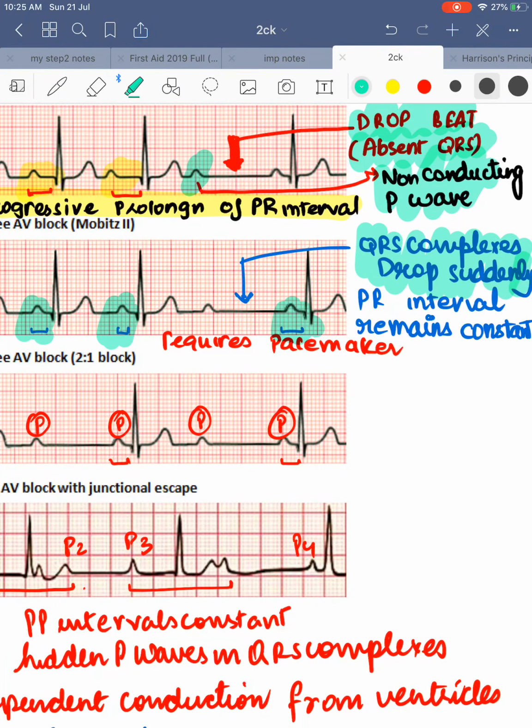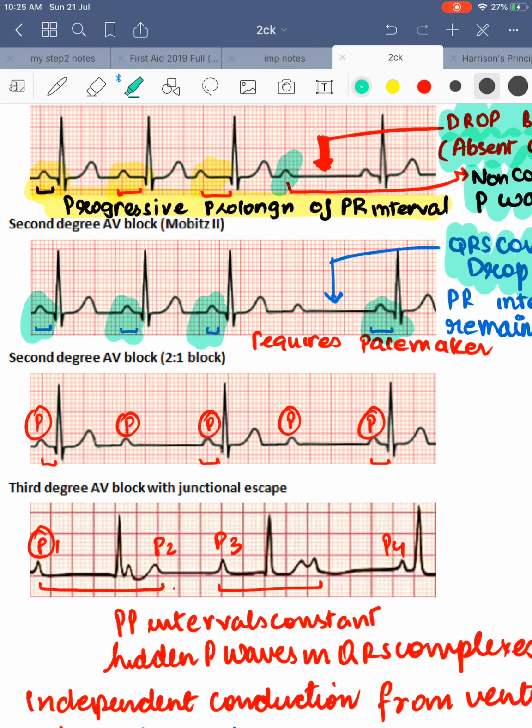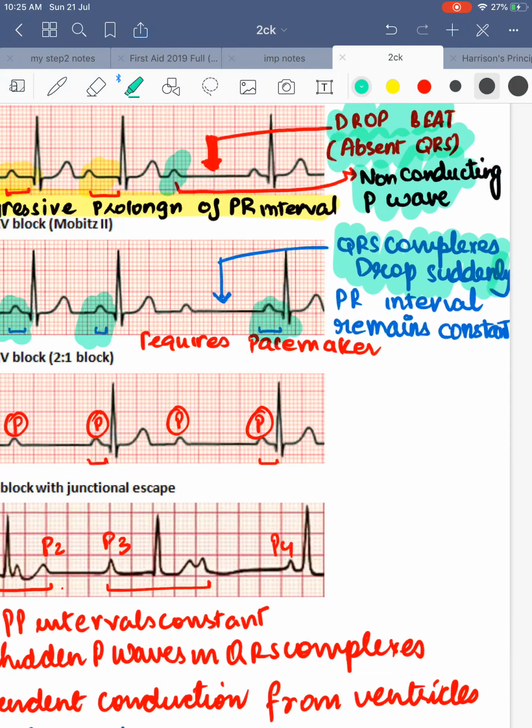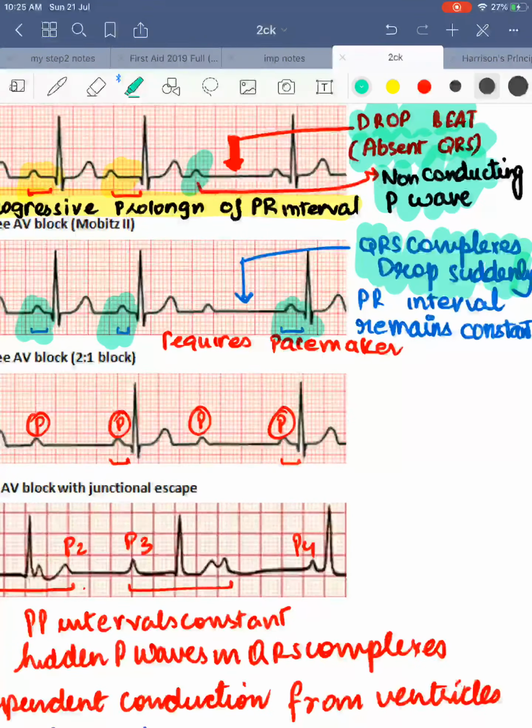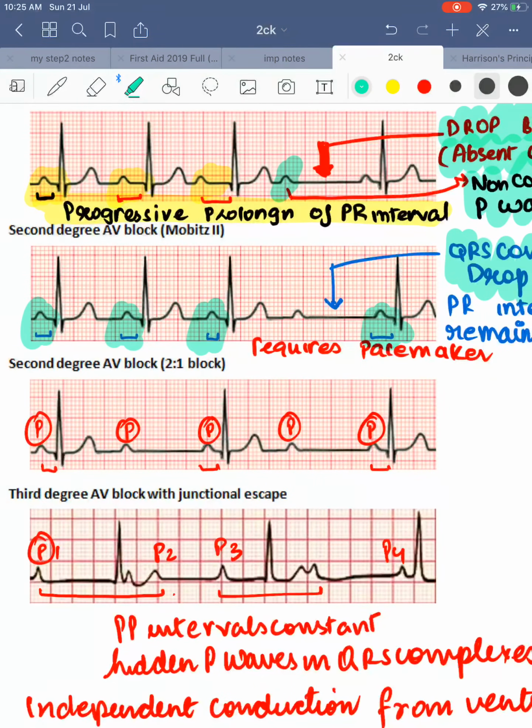They drop suddenly, not like in type 1 where there was progressive prolongation of PR interval, and after a few PR intervals increased, there is a drop of QRS. Here it is dropping suddenly and the PR interval remains constant. In this case, you would definitely require a pacemaker, which is important, right?